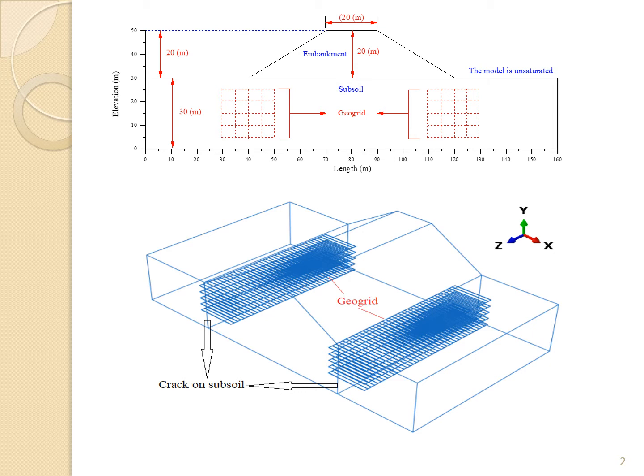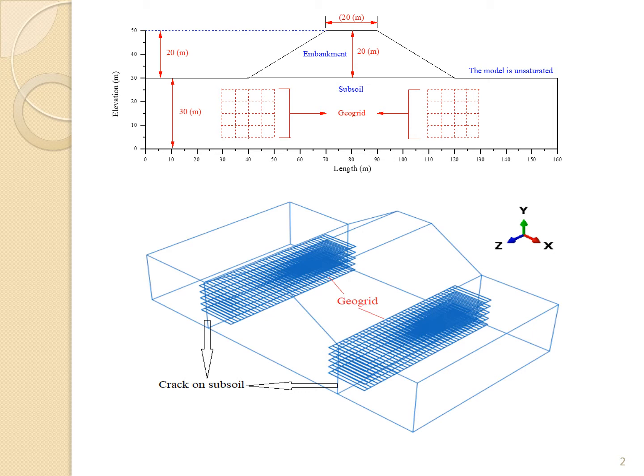And here, in the first, top picture, the embankment and subsoil are modeled and shown with the scale. The length of the subsoil is 160 meters with a height of 30 meters.